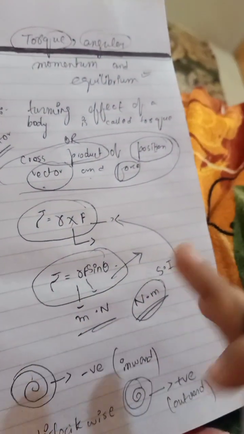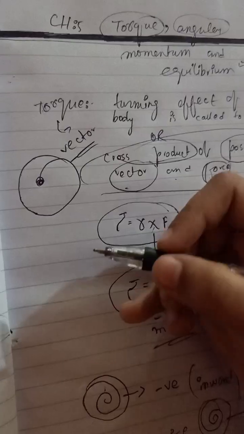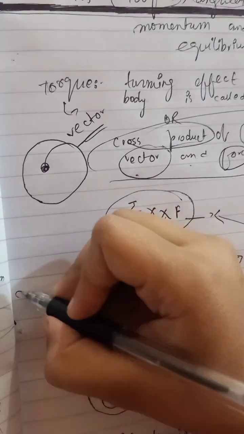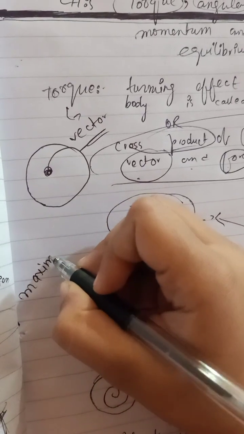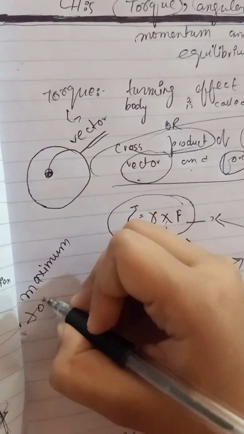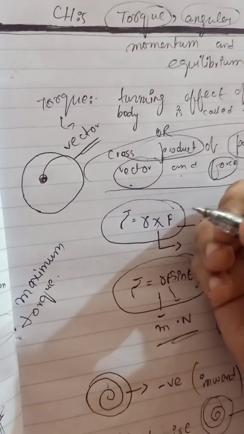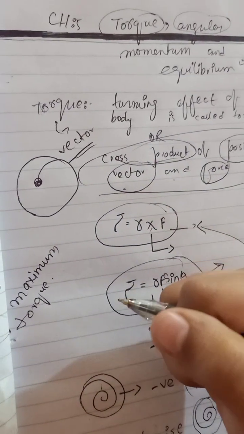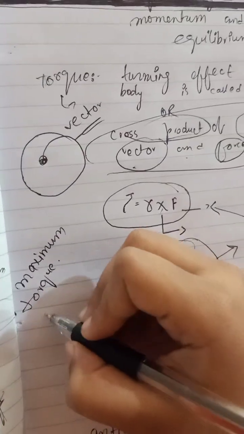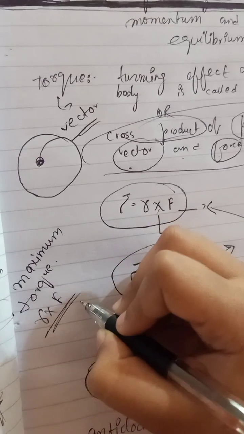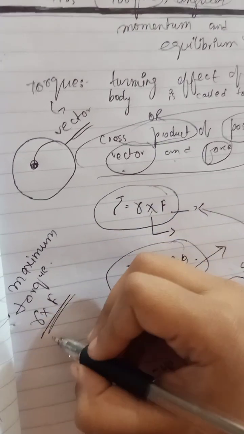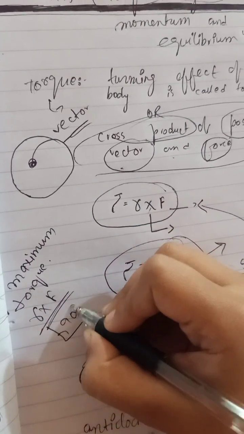As you can see, the maximum torque occurs if the moment arm and force are perpendicular, making a 90-degree angle.